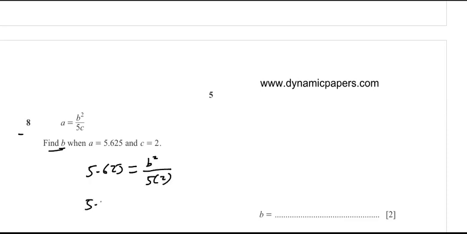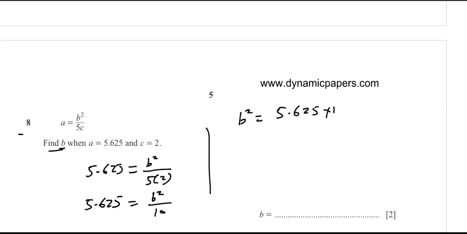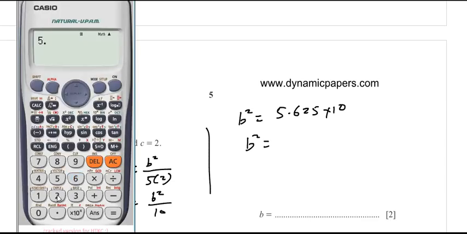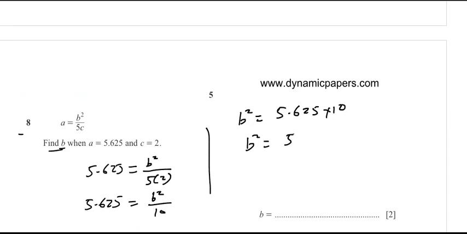So that will become 5.625 equal to B square over 10. Shift 10 to the other side, so we will have B square equal to 5.625 multiplied by 10. It is 56.25.